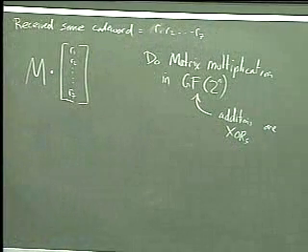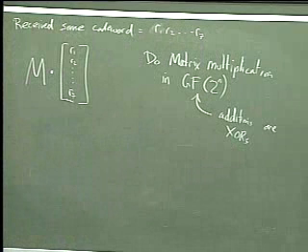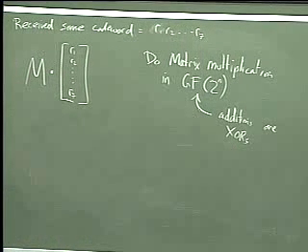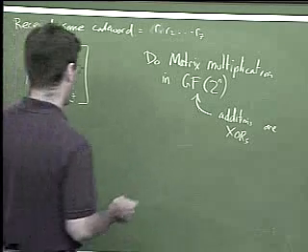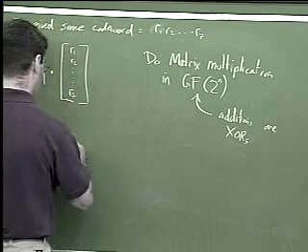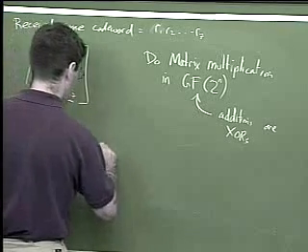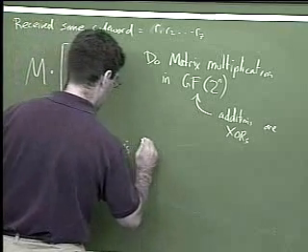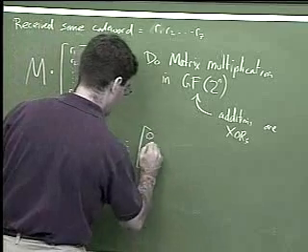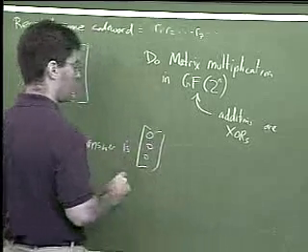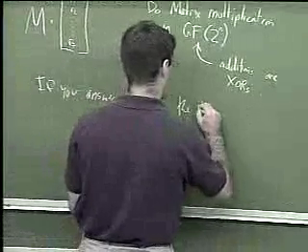We're dealing with all zeros and ones, so when you have 1 plus 1, it's not 2, it's 0. And if your answer, when you do this multiplication, is 0, 0, 0, then the code word is correct.